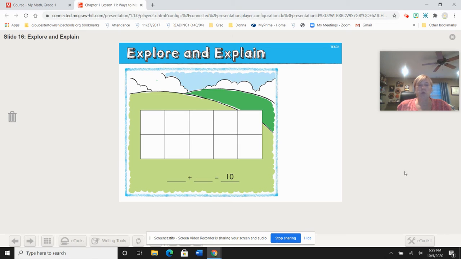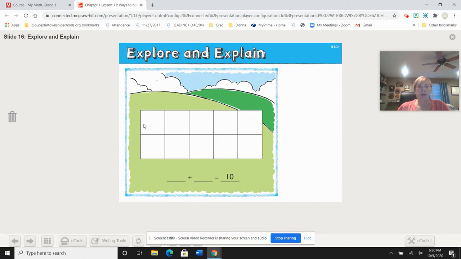all right, so you are now on your lesson number 11, and right here, this is a 10 frame. Now for this 10 frame, does anybody know why they call it a 10 frame?